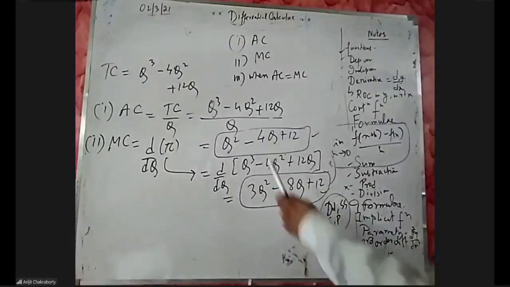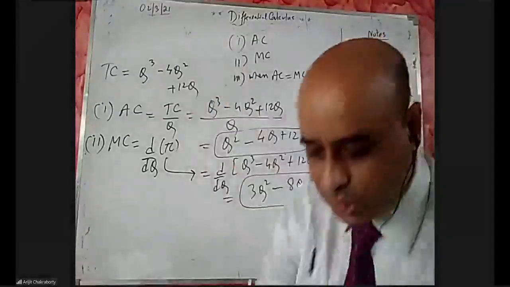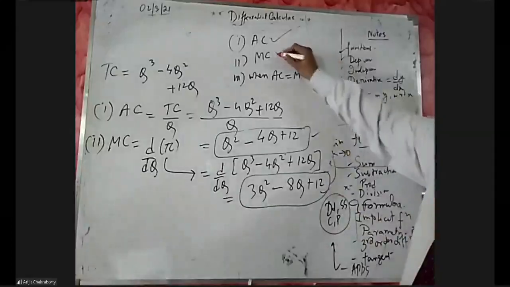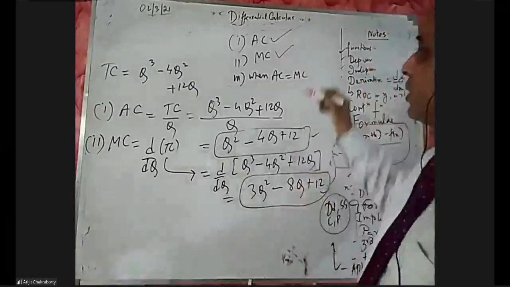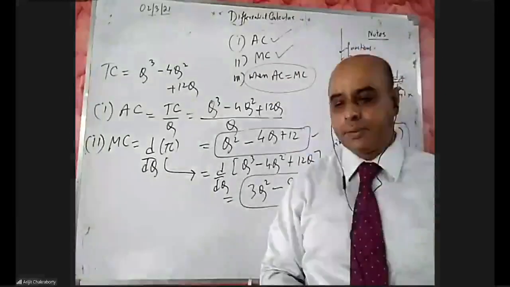So we have found out the average cost, and the marginal cost computation is done. The only point left is to find at what quantity the average cost is equal to marginal cost.